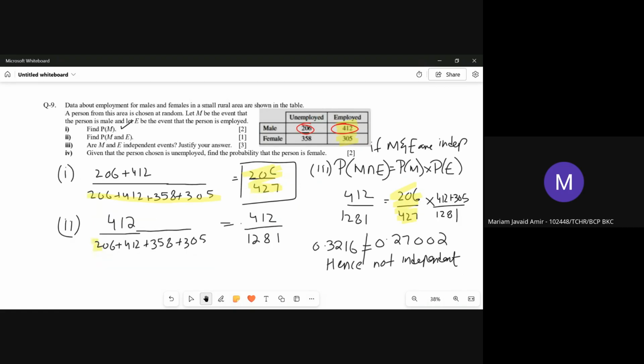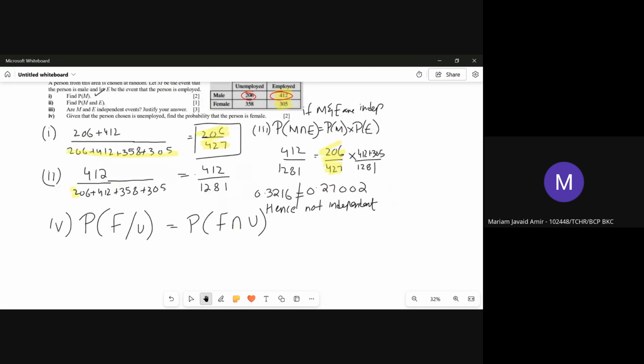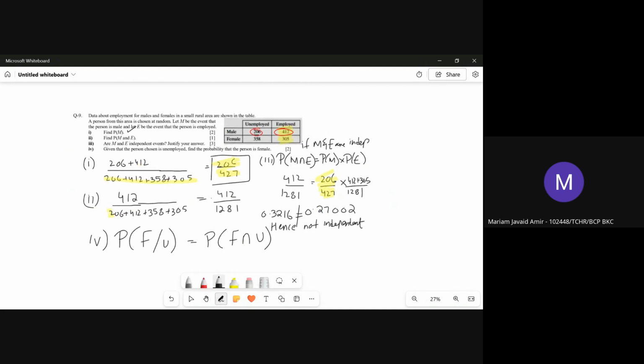Part 4. Given that the person chosen is unemployed, find the probability that the person is female. So, probability female given unemployed. We'll have to find the probability that the person is female and unemployed, and in the denominator, the probability that the person is unemployed. Let's look at the table.